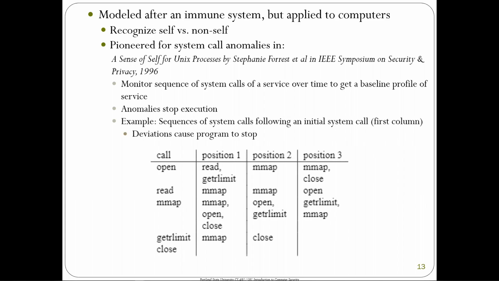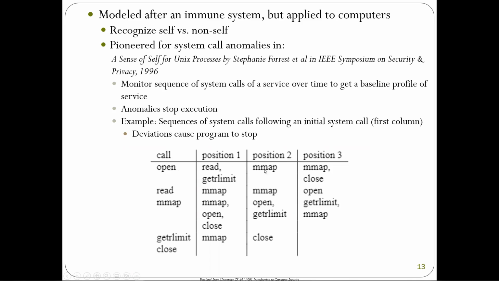So you run, say, a web server, and then you monitor the web server. You throw a workload at this web server, and you can see the system call trace sequences. So after an open call, this is followed by sequences of read, mmap, and mmap, or getrlimit and then close. And so you could do this for every single sequence of system calls. So if you start with a read, then the next 3 system calls will be mmap, mmap, and open.